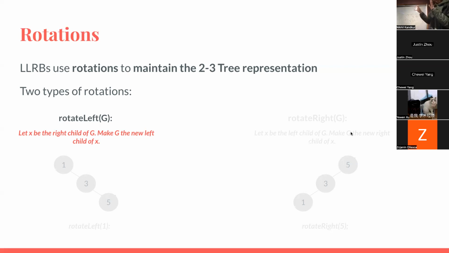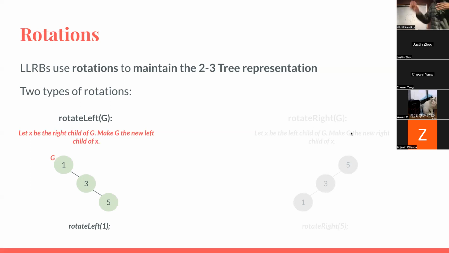By definition, if we call rotate left on G, we say, okay, let X be the right child of G. Then all we do is make G the new left child of X, right? Visually, it's going to look like this. If we call rotate left on 1 here, G becomes 1. We say, let the right child of G be X. What's the right child of 1?